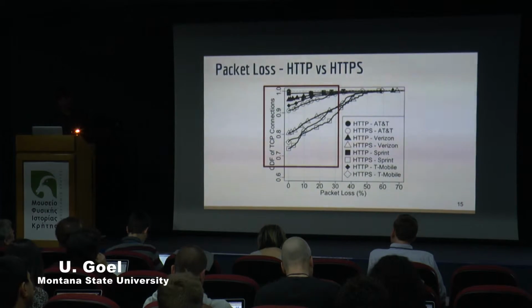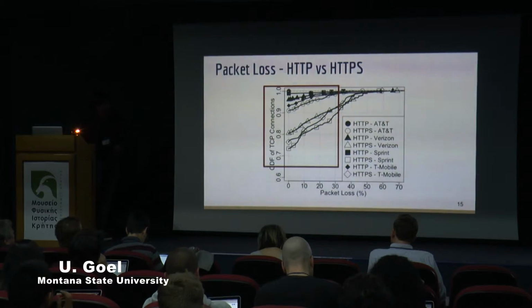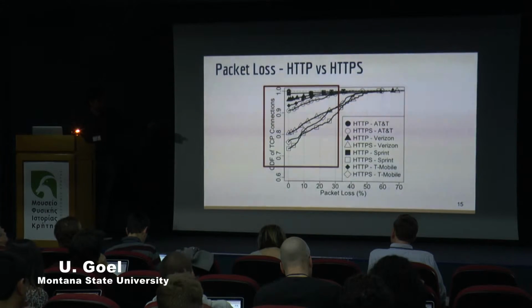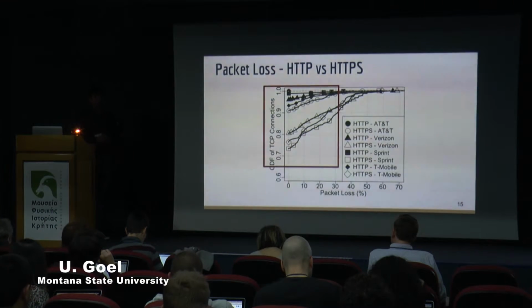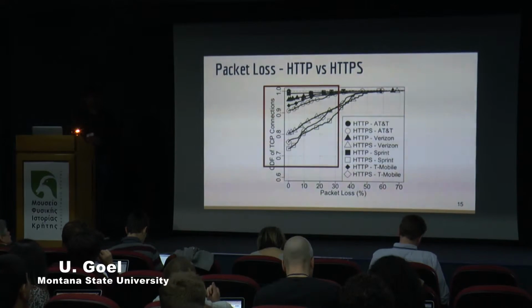However, for the hollow symbols like triangles, circles, and squares, we see high packet loss, which indicates that Akamai servers are not talking to proxies, and instead there is an end-to-end connection between the servers and the clients.